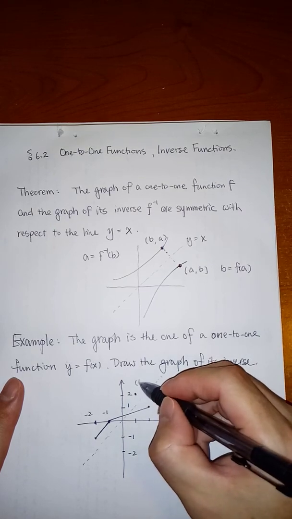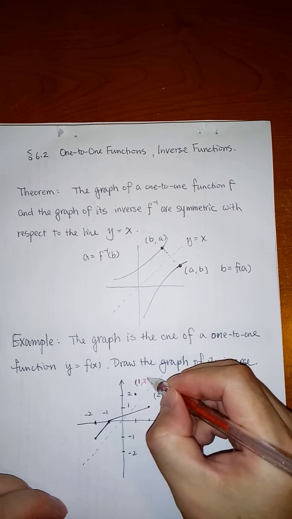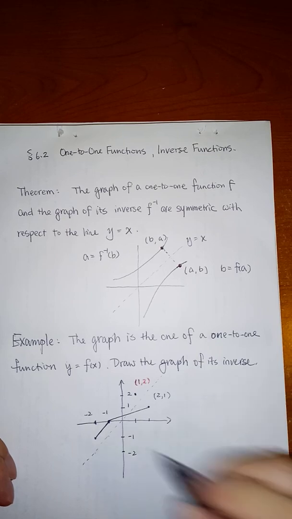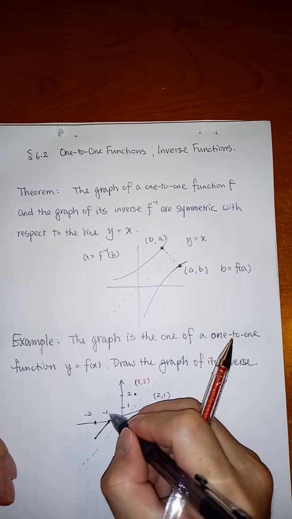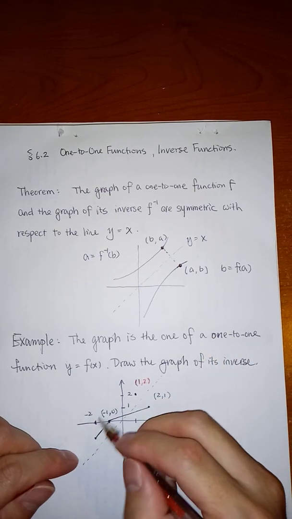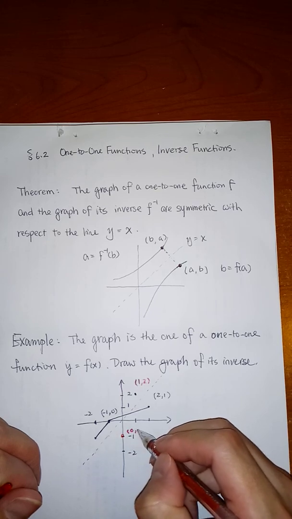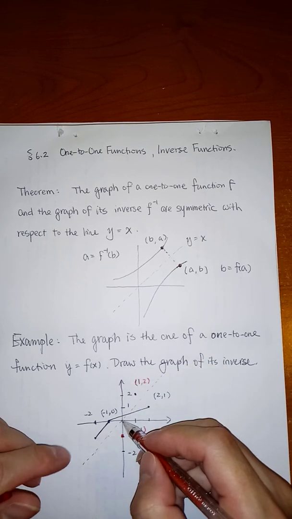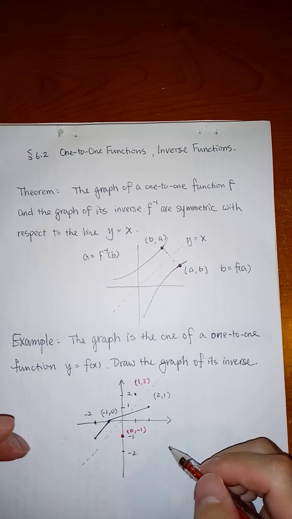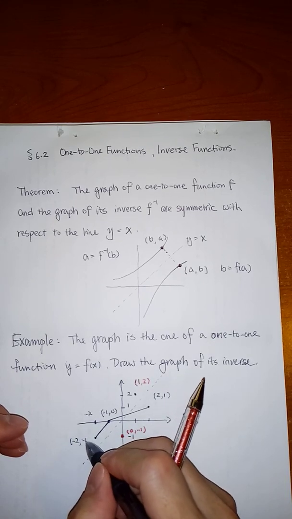This is (1, 2), a point on the inverse. And this point is (negative 1, 0): x is negative 1, y is 0. So its counterpart will be (0, negative 1). It's on the y-axis: the x coordinate is 0, the y coordinate is negative 1. And this point has coordinates (negative 2, negative 1).